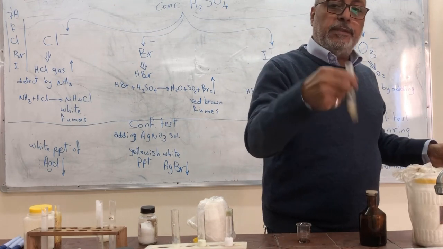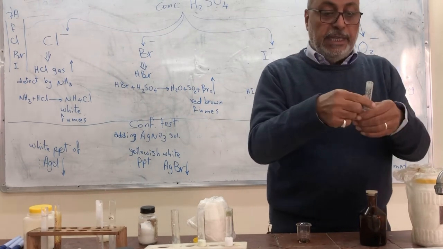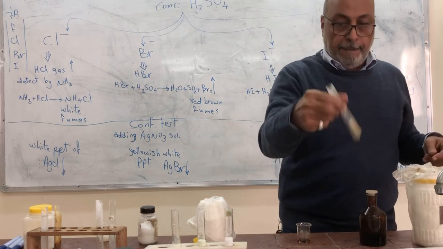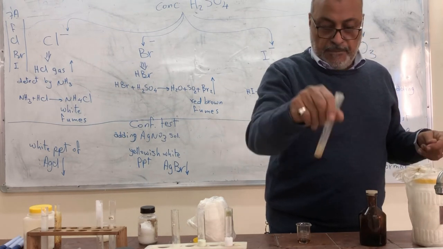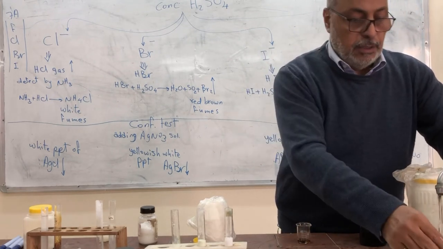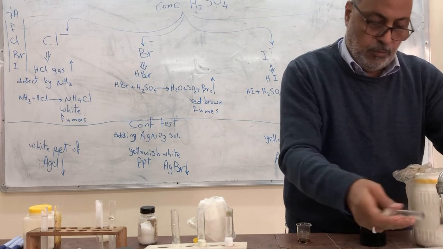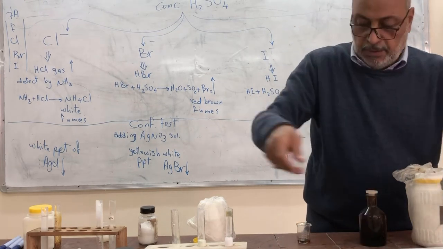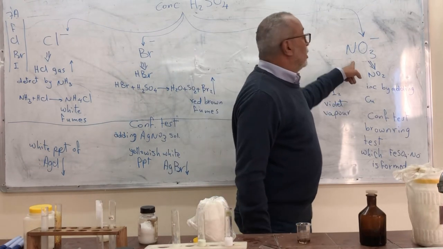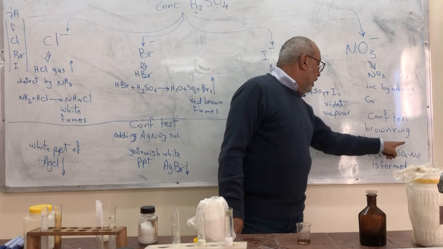It produces brown fumes of NO2, which increase with adding a piece of copper. The confirmatory test for the nitrate group is called the brown ring test.